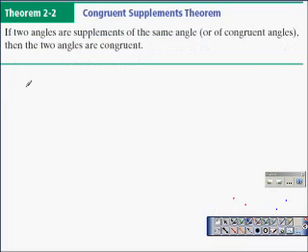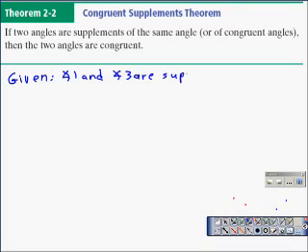What we're going to do here is prove Theorem 2.2. I'm going to give you, or make up, a given statement. I'm going to say that angle 1 and angle 3 are supplementary. I'm also going to state that angle 2 and angle 3 are supplementary.